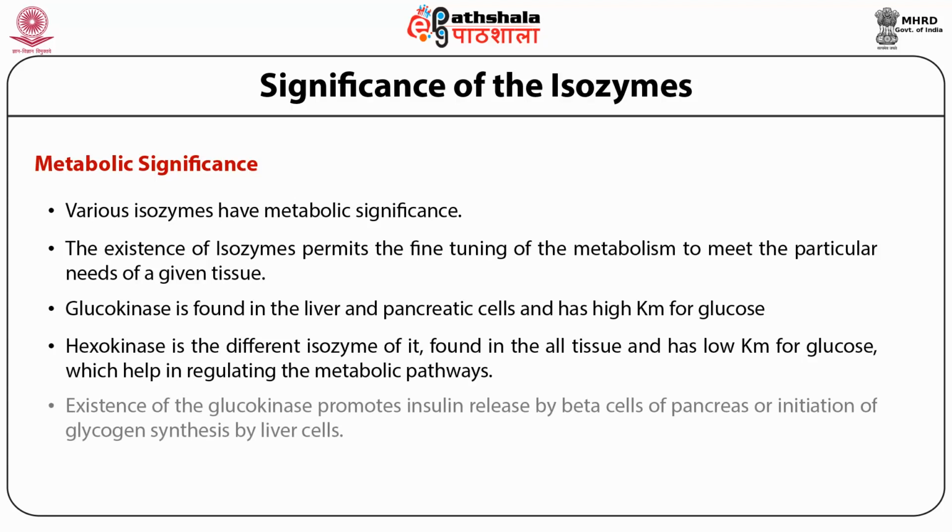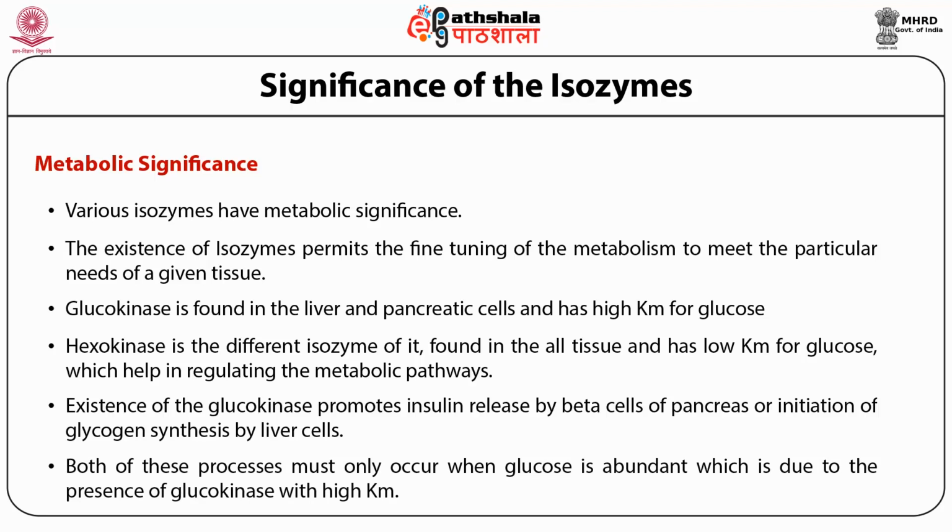Therefore, the existence of hexokinase in all cells promotes glycolysis in those cells, while the existence of glucokinase with lower affinity for glucose promotes insulin release by beta cells of the pancreas or initiation of glycogen synthesis by the liver cells. Both these processes must occur when glucose is in abundance.